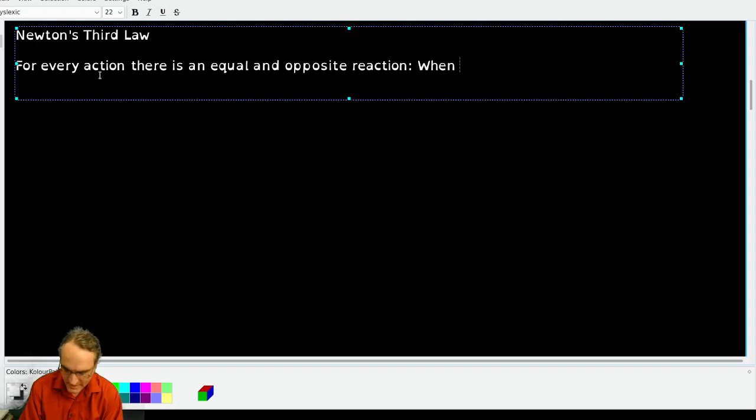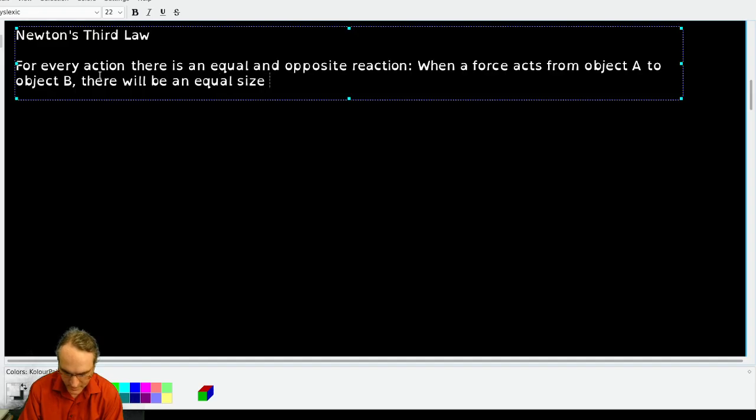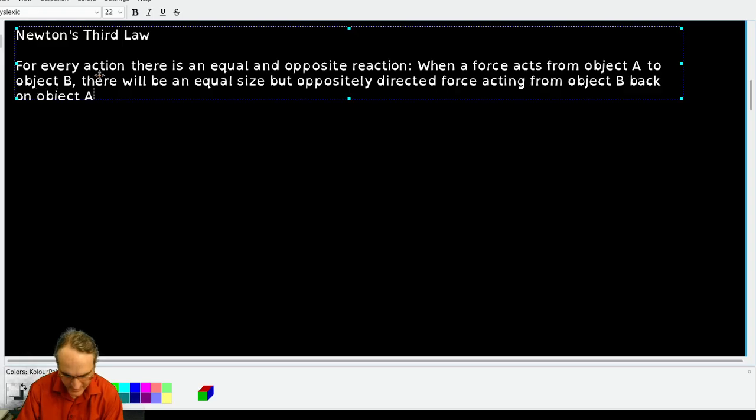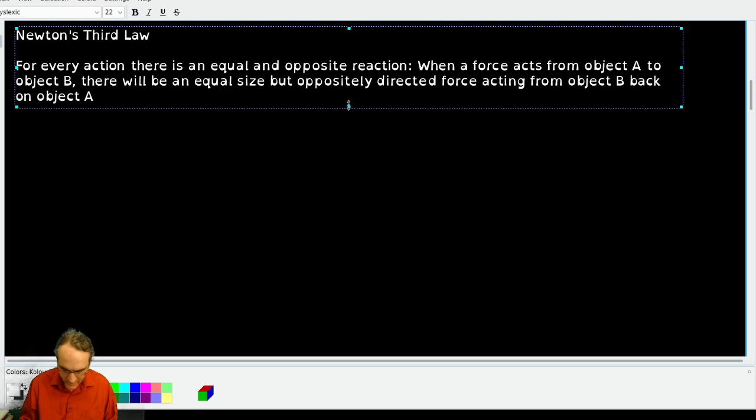It's more true to say that when a force acts from object A to object B, there will be an equal size but oppositely directed force acting from object B back on object A. It's always pairwise and it's always between two different objects.